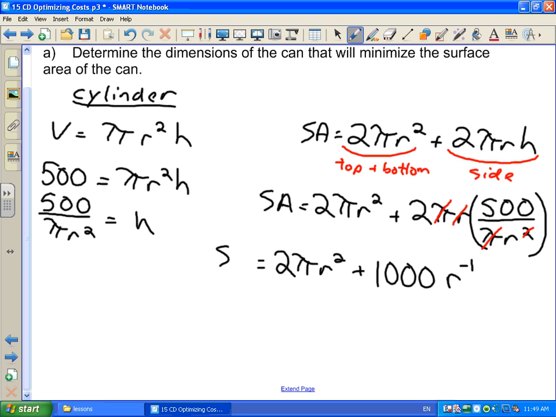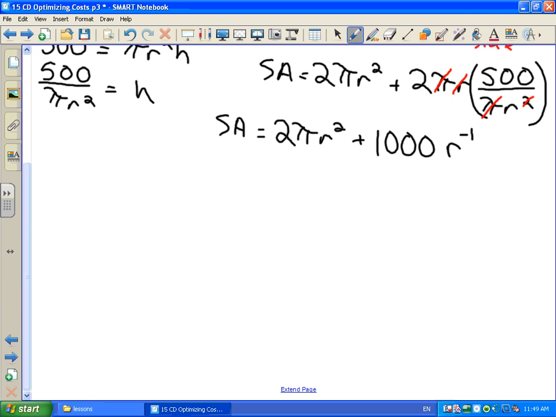So this is still surface area. We're optimizing surface area here, so let's take the derivative. We get 4 pi r, and we get negative 1,000 r to the negative 2, and we want to set this equal to 0 and solve for r.